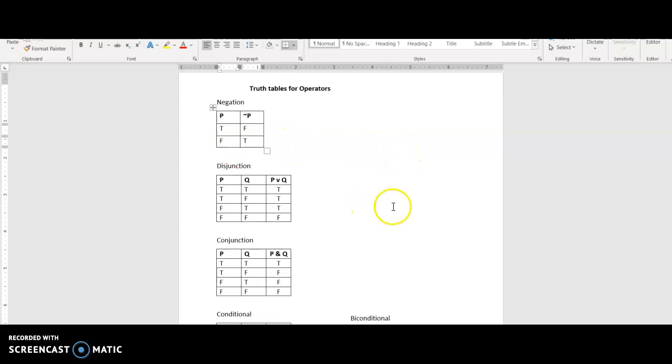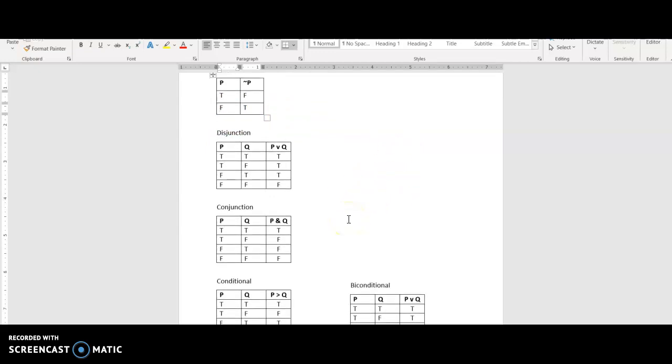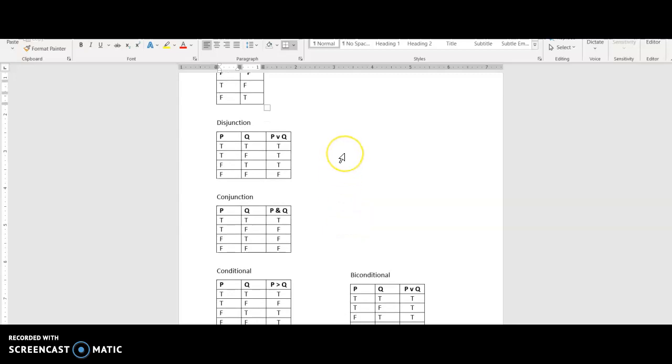But now for the other four operators, these are all connectives, right? They connect two sentences. So that's why you need more lines in the truth table, because now you have to deal with possible combinations.